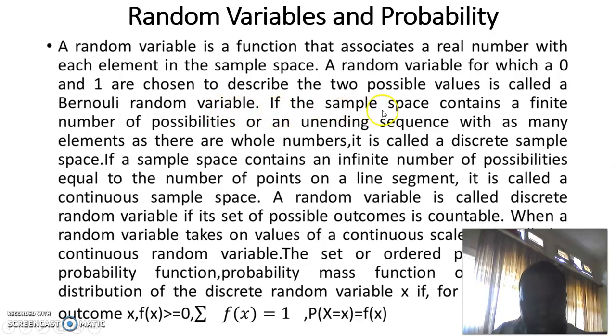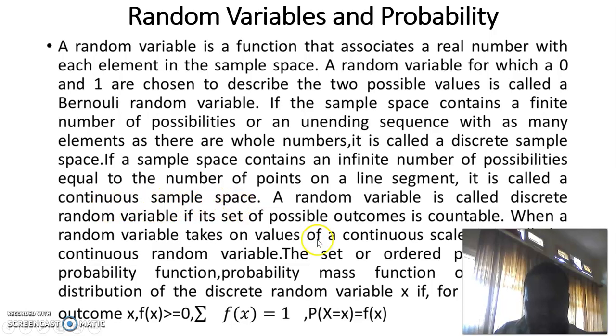If the sample space contains a finite number of possibilities or an unending sequence with as many elements as there are whole numbers, it is called a discrete sample space. If the sample space contains an infinite number of possibilities equal to the number of points on a line segment, this is called a continuous sample space.